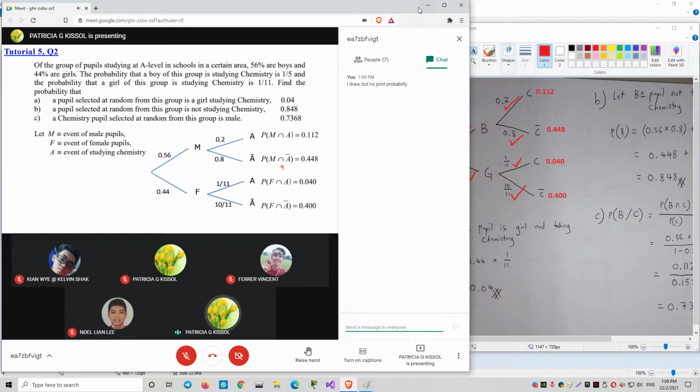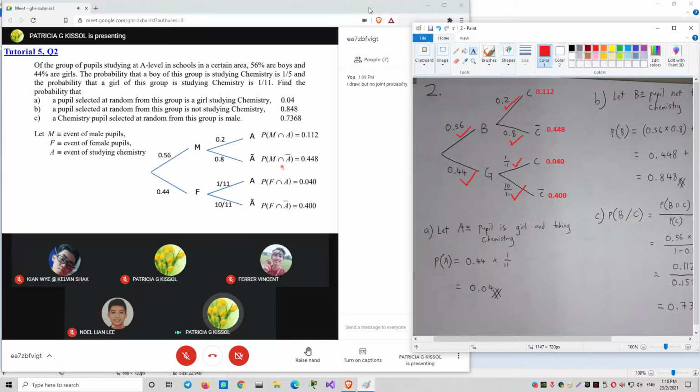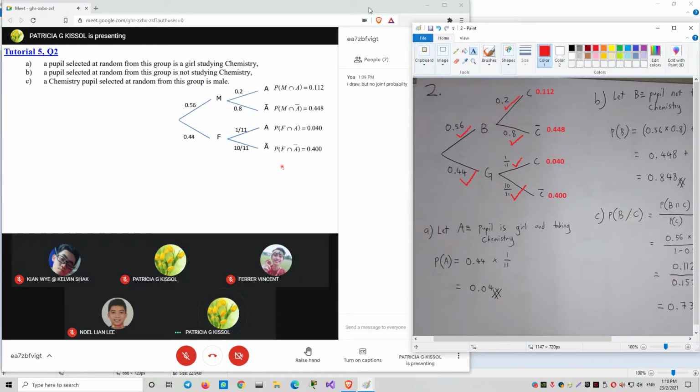Yes, that could also work. Let me go to the next slide. We want to find the probability that a pupil selected at random from this group is a girl studying chemistry. So what the question is asking is the probability of F and A. It doesn't say given.